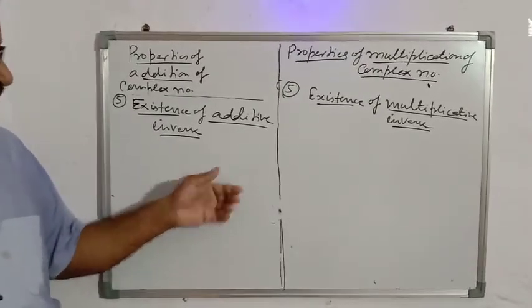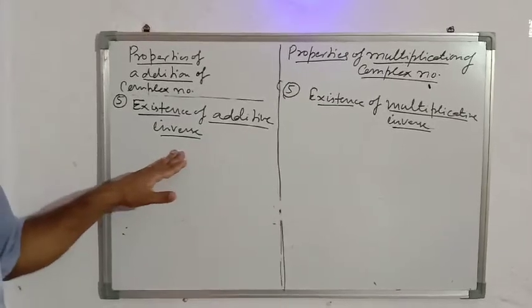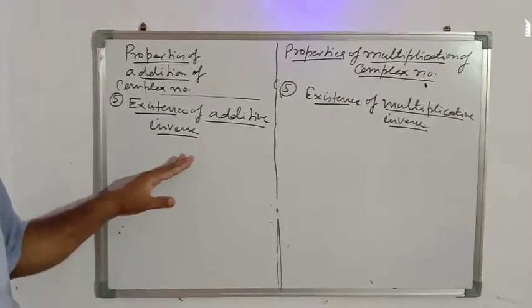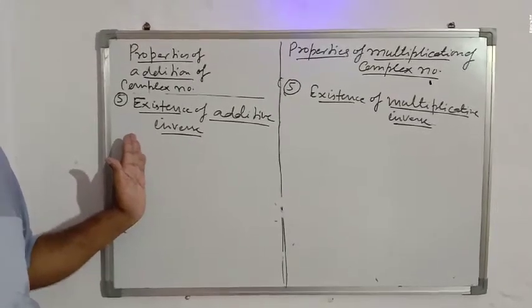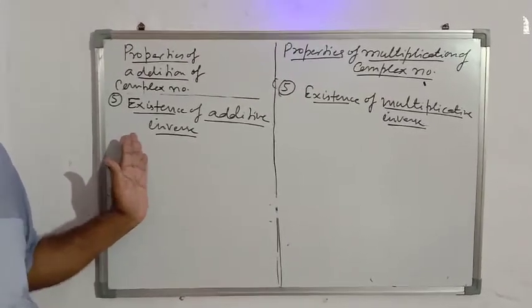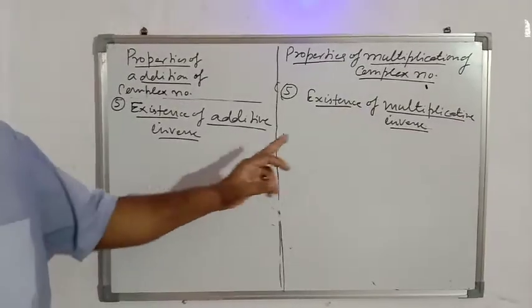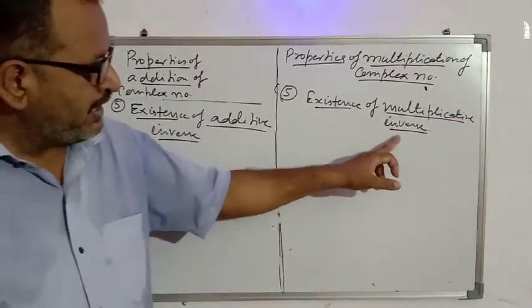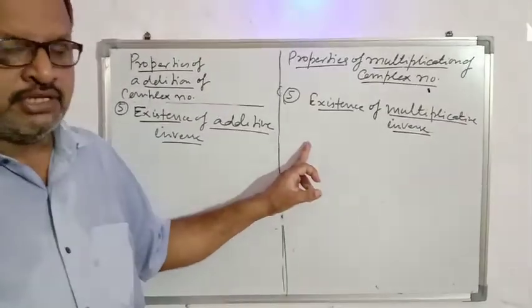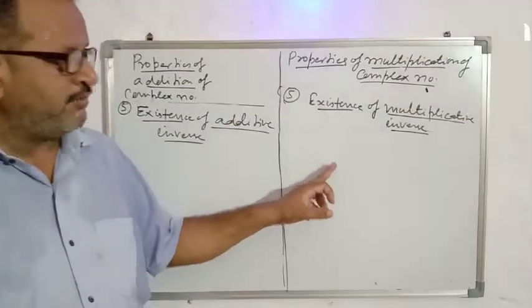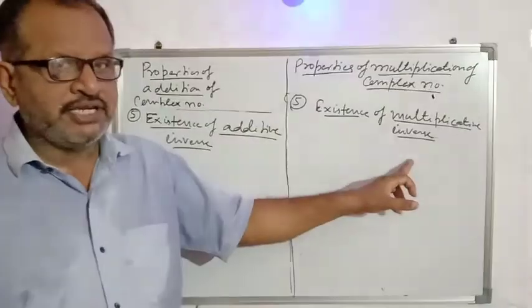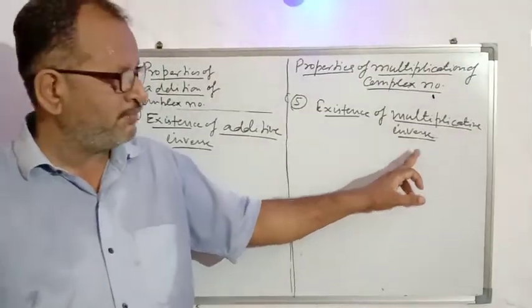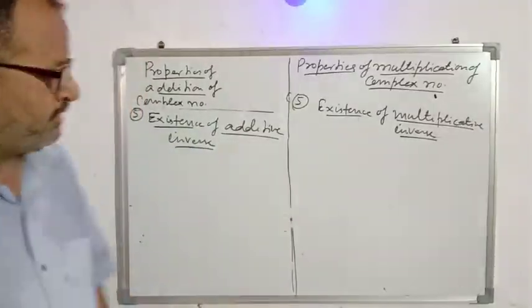Listen again. Additive inverse of any complex number is that number which when added to a given complex number gives the additive identity. Additive identity means 0. Similarly, multiplicative inverse of any complex number is that complex number which when multiplied to the given complex number gives the multiplicative identity. Multiplicative identity means 1.